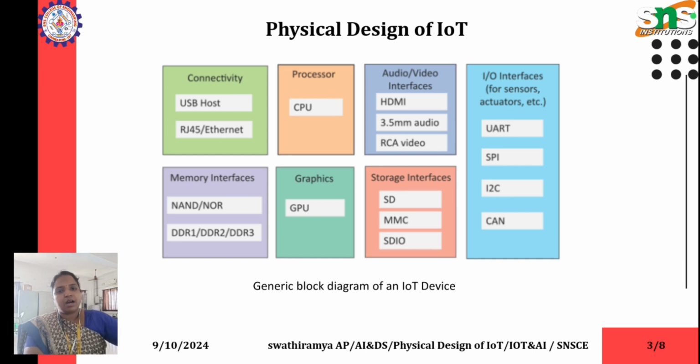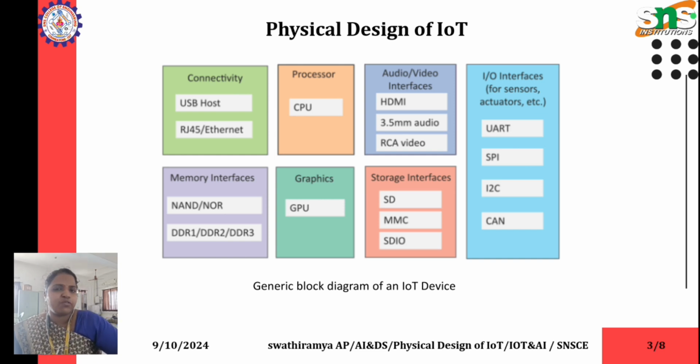So, after the memory interface, next we are going for the storage interface. These are very traditional storage interfaces. So you will have SD card, MMC, SDIO. SD is nothing but, you might know very well, secure digital, a storage interface used for removable flash memory cards.